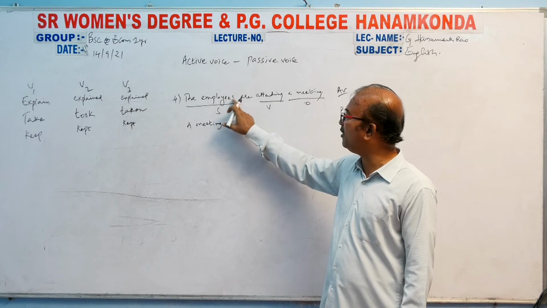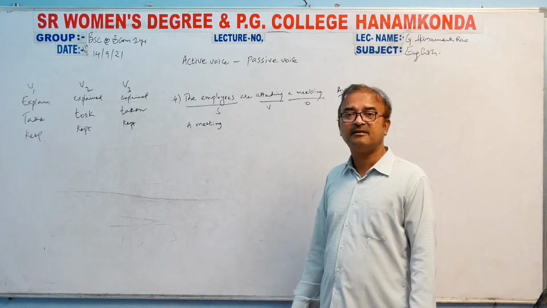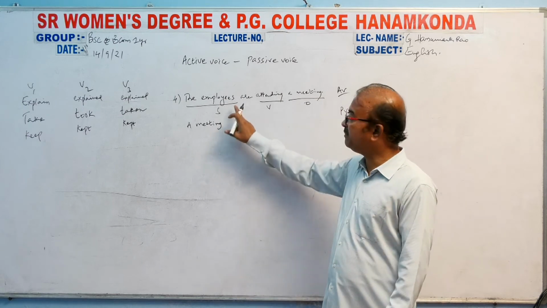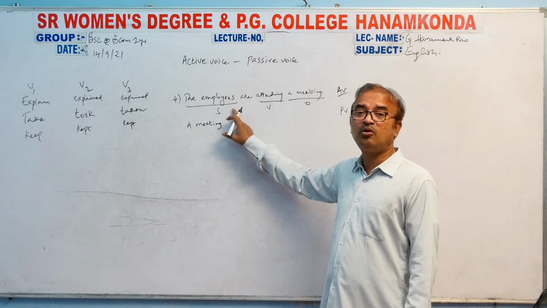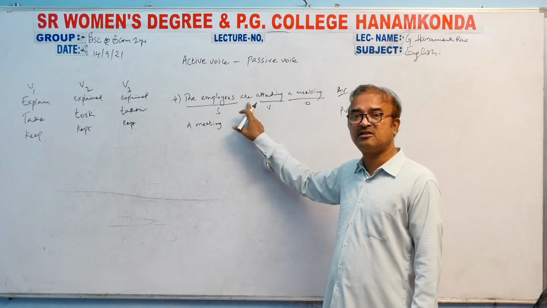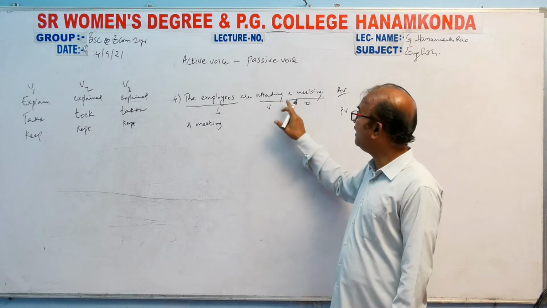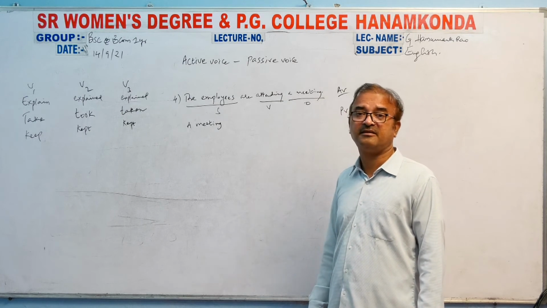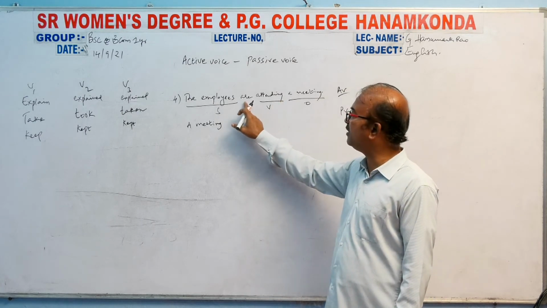Employees, workers, that is plural. So in present tense, plurals are always followed by ARE, and that is also followed by a verb in continuous tense, so ing.